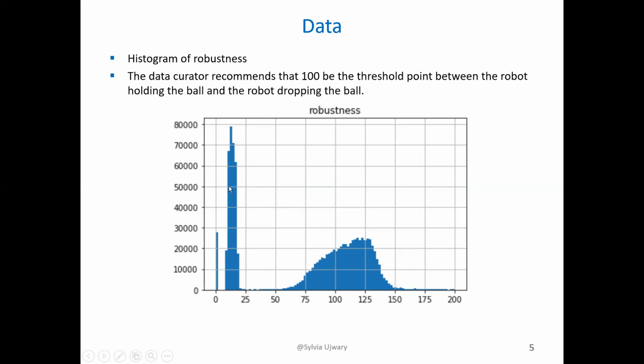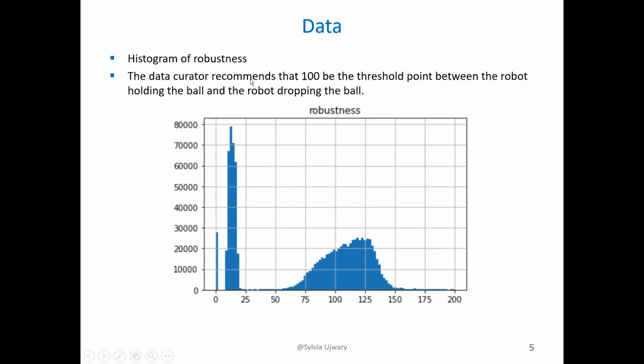My interpretation of this would probably be, if I was just looking at this, that this peak is where the robustness is low, the variation of the ball shaking is low, and so the robot is holding onto the ball, and probably this peak is where we have let go of the ball and it's just charting its own path somewhere.